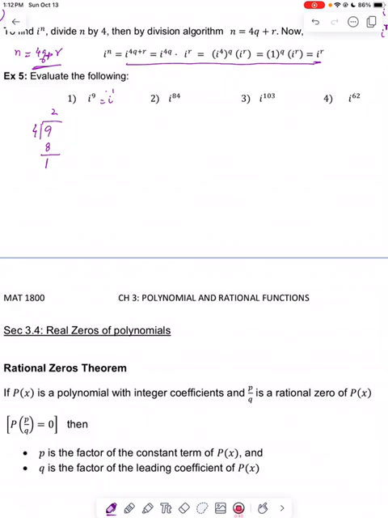Second part, i to the 84. So our n is 84 here, and then we do the same thing, we divide 84 by 4.